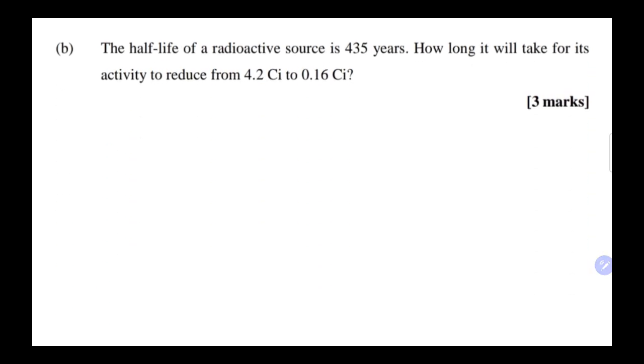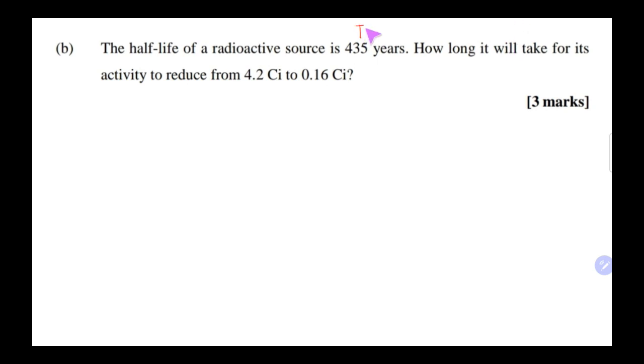All right, next, number 10B. The half-life of a radioactive source is 435 years. How long will it take for its activity to reduce from 4.2 Curie to 0.16 Curie? What do we have now? First, they give you the value of T half.